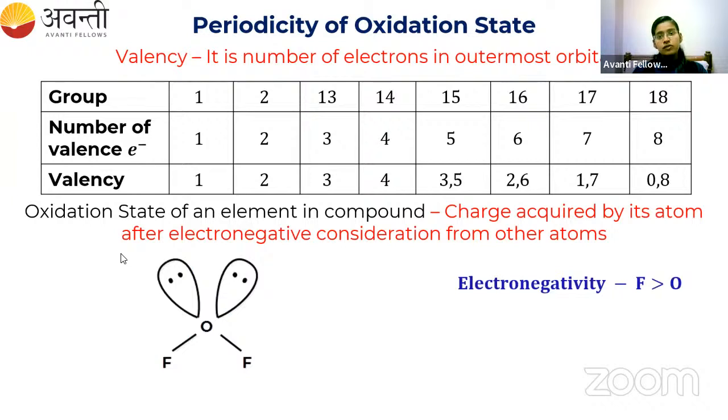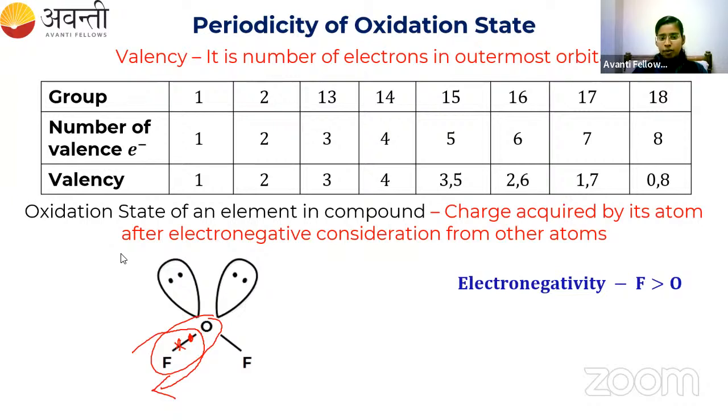So what will fluorine do in terms of electronegativity? If I go for the first bond, since fluorine is more electronegative, there are 2 electrons here. One belongs to fluorine and the other belongs to oxygen. Fluorine will pull the electron of oxygen towards itself, so it gains the electron of oxygen.